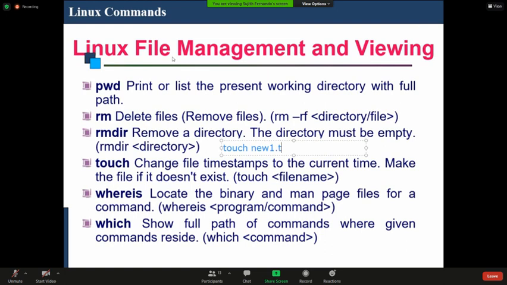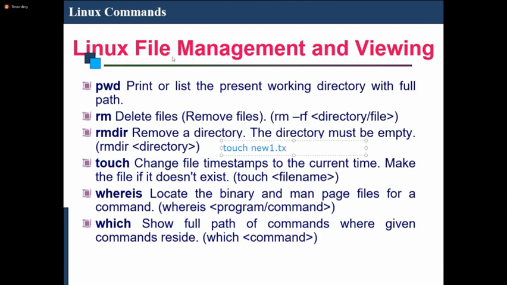Touch, if you give a file name. So if that file is already there, it will open the file, or you can change the timestamp. If there is no file by this name, it will create a new file, right? So this is also used to create files.